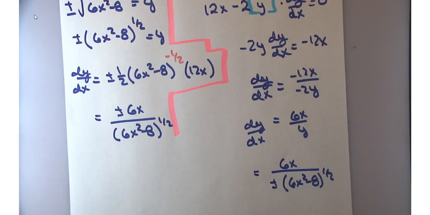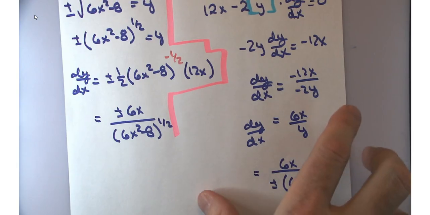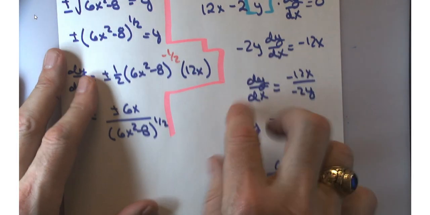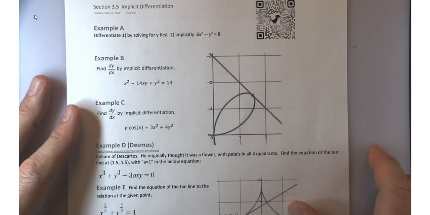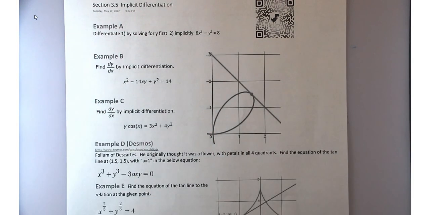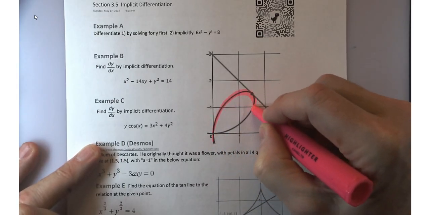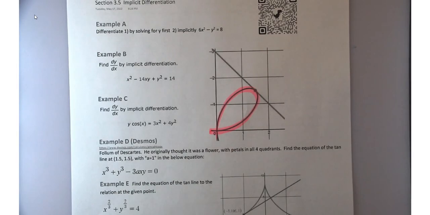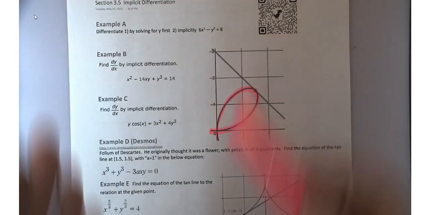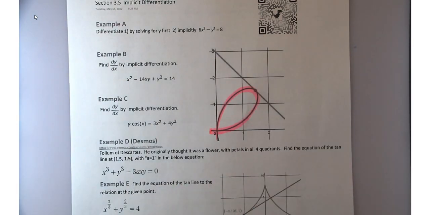All right. Any comments on that one? Let's take a look at example B here, our so-called Folium of Descartes. So this is an example of a place where you can't really solve for y. This part of the folium is just not a function. We don't have y depending explicitly on x.